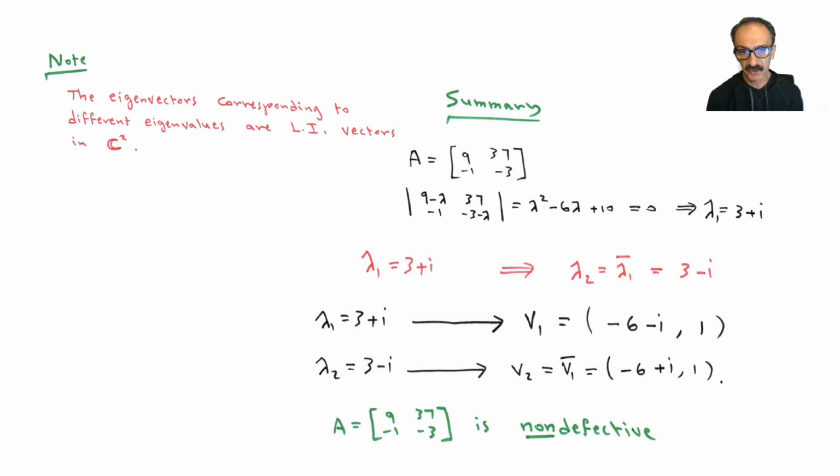The first example was two lambdas that gave you two distinct vectors, non-defective. The second example was a repeated lambda. The third example was complex lambdas.